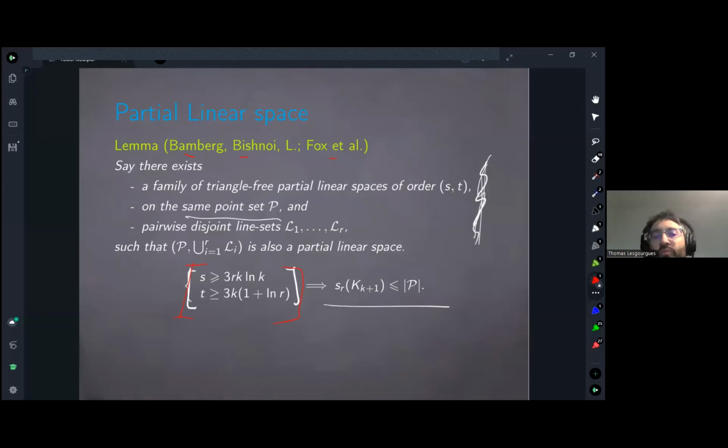This lemma is true under some condition on the order of the partial linear space. And because the partial linear spaces have order depending on Q, that gives us a condition on Q. Right, okay. I see. It's a lot of details, but the details are not that important.